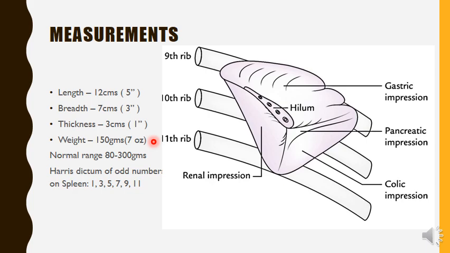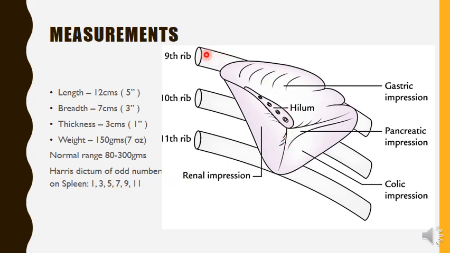Now here you have to understand the Harris dictum of odd numbers on the spleen. What is this Harris dictum on odd numbers of the spleen? If you see in inches we have described, so 1, 3, 5, 7, 9 and 11. This 1 here represents the thickness, 3 represents the breadth, 5 represents the length, 5 inches. Then 7 represents the 7 ounces of weight. Then what is this 9 and 11?